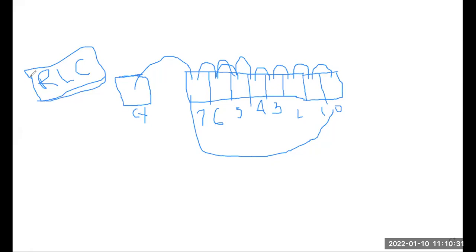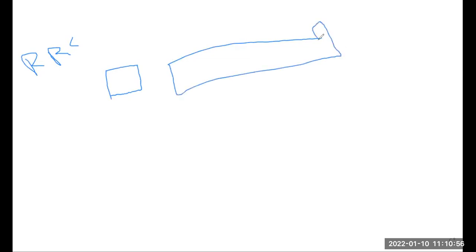Here the same process will happen, but in the right side. So if the command is RRC, this will happen. Let's say this is the carry, and our total accumulator is like that.